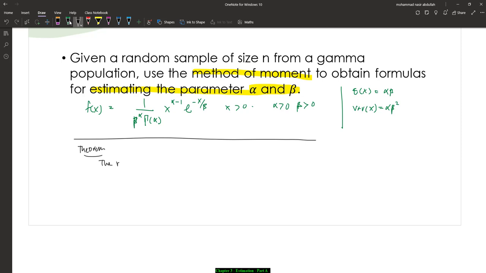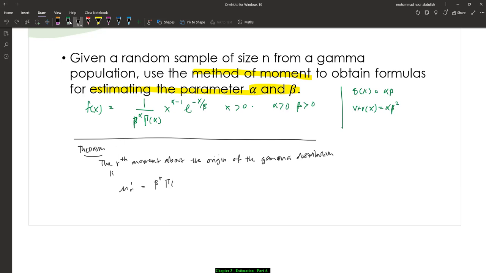The r moment about the origin of the gamma distribution is mu r prime, it should be equal to beta r, right?